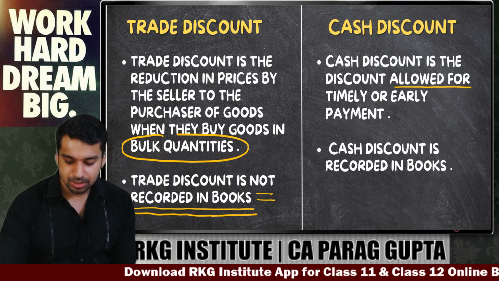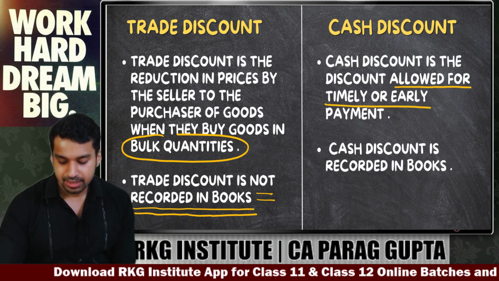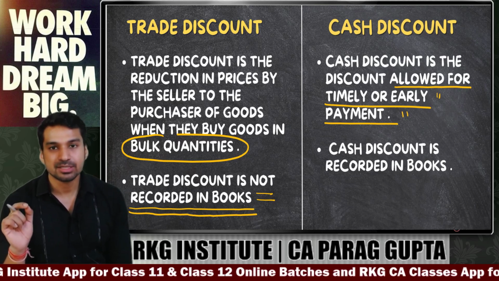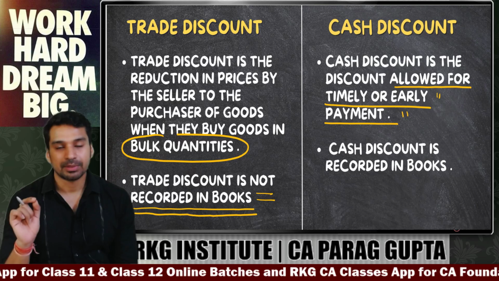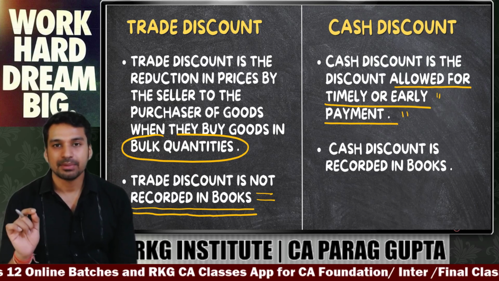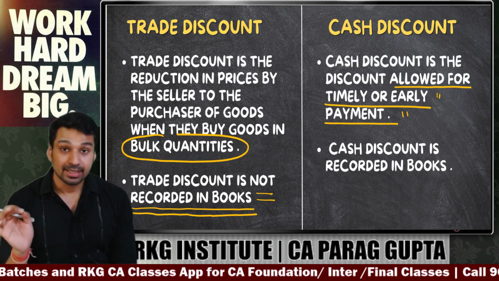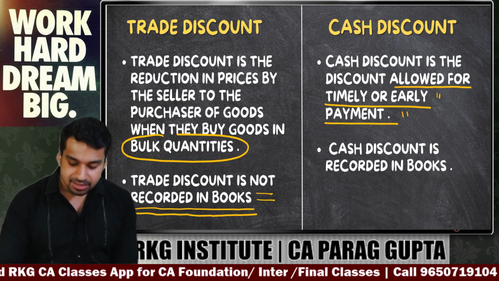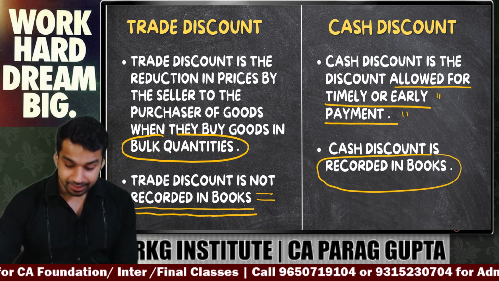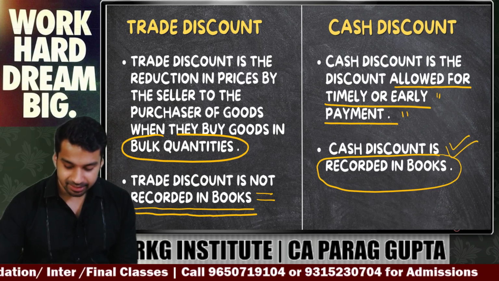So cash discount is basically what you get when you make early payment or timely payment. So it is for the timing of the payment. And an important thing here is that cash discount is recorded in our books. We will record it just like any other transaction.